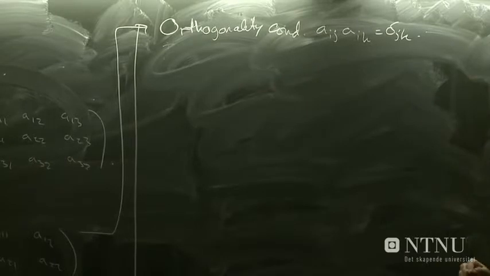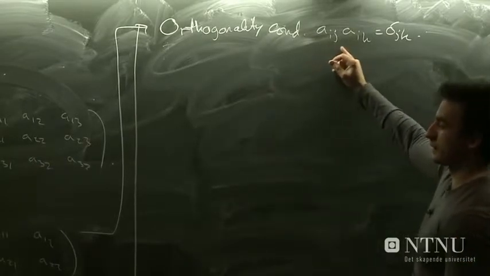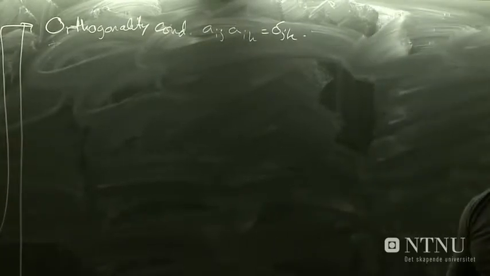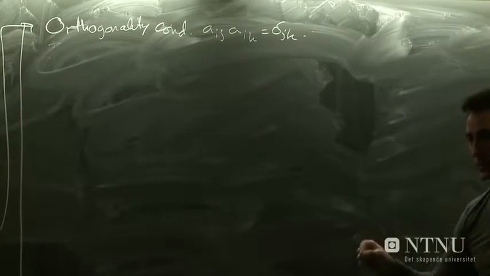Our orthogonality conditions can be condensed into this form. And in 2 dimensions, how many orthogonality conditions do we have? We had 6 in 3 dimensions.